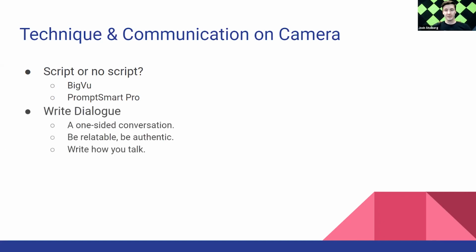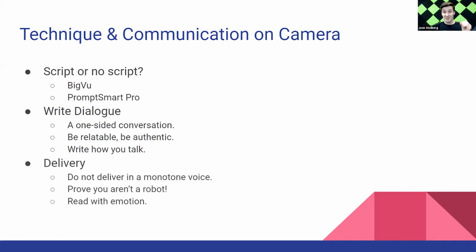For writing dialogue, if you elect to write a script, feel free to write how you talk. You don't have to write like you're writing some nonfiction novel, or polish your words until they feel like stone, right? You want them to be authentic, right? It will seem more natural and your audience will see you as more genuine.